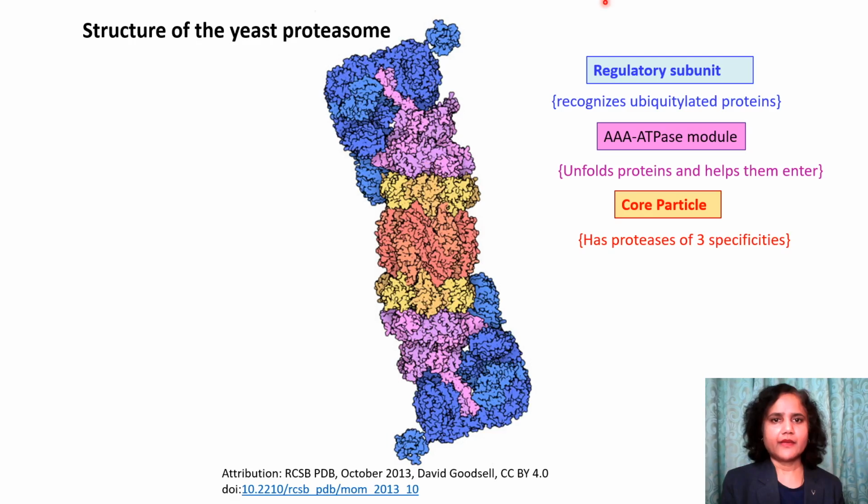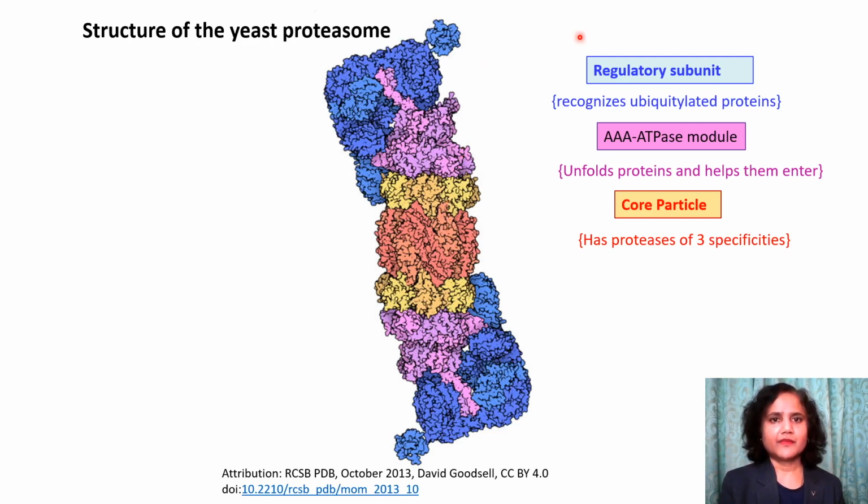These enzymes, they generate mechanical force through cycles of ATP binding and hydrolysis, and this is used for unfolding the substrates, and then the gate is opened leading into the proteolytic chamber, and the substrate is translocated into the active chamber inside, which has got proteases which are facing inside the cavity.